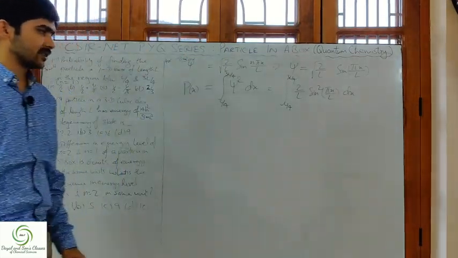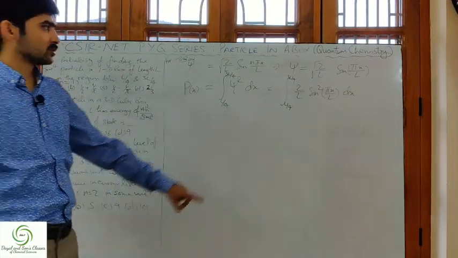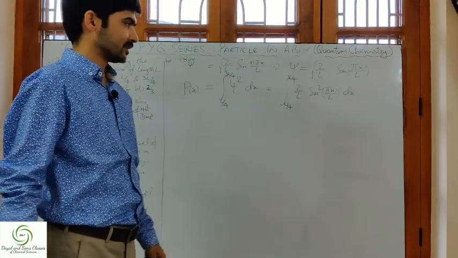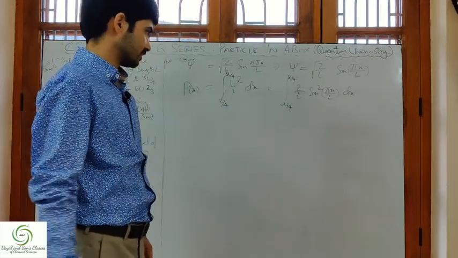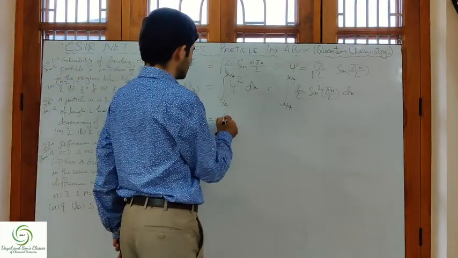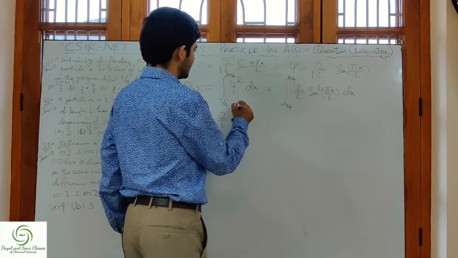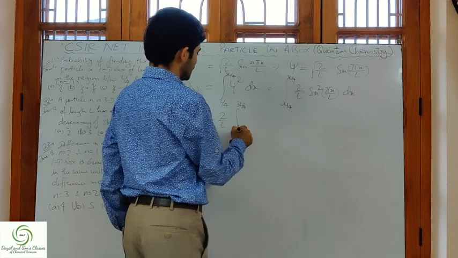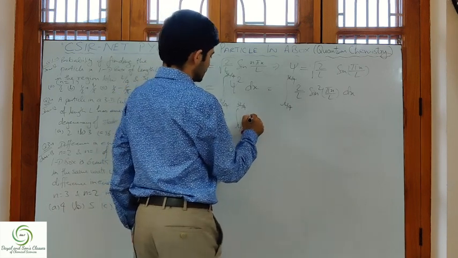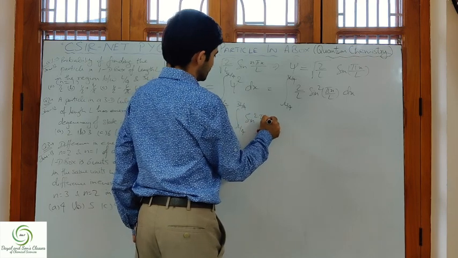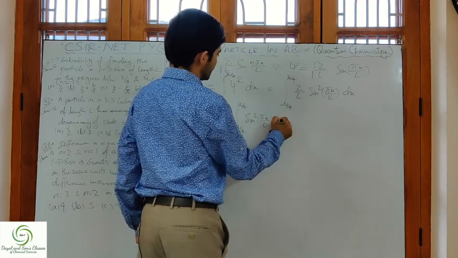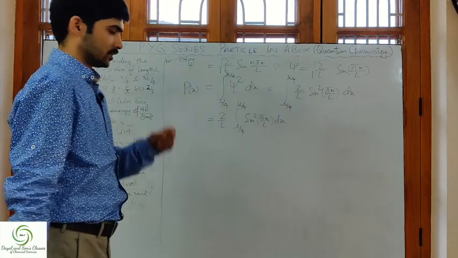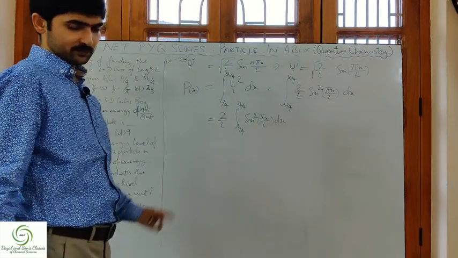Now 2 by L is a constant term that I can take outside the integral sign. I will be left with 2 by L times the integral from L by 4 to 3L by 4 of sine square pi x upon L dx. I hope this much is clear.